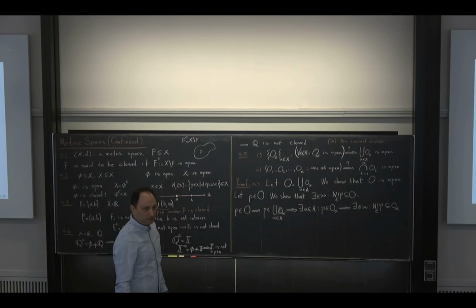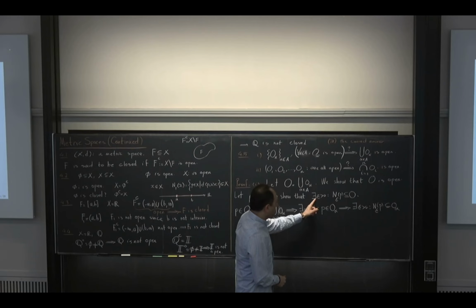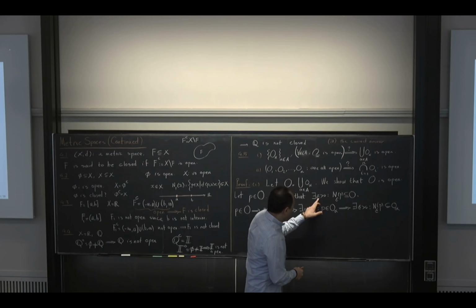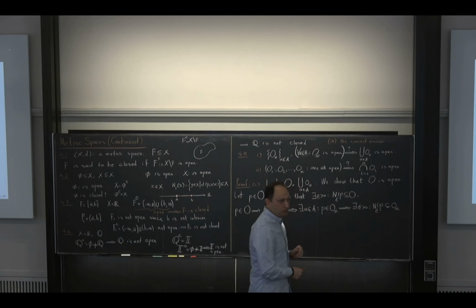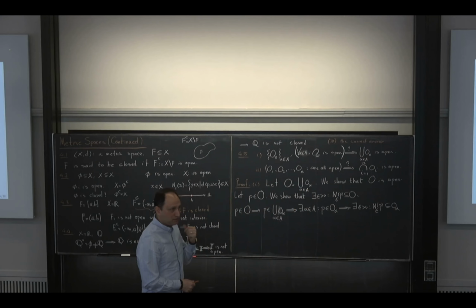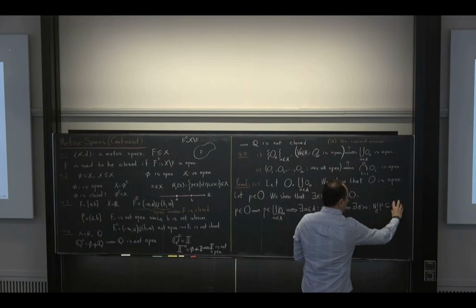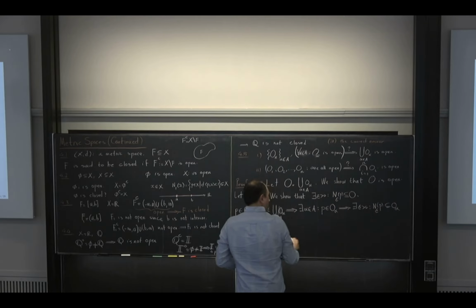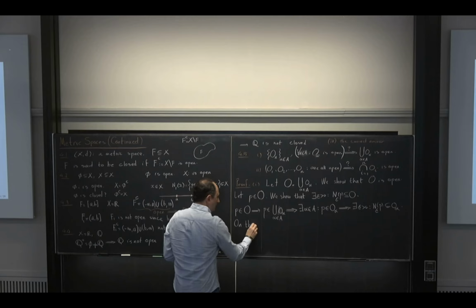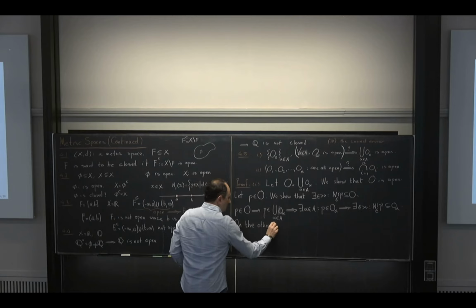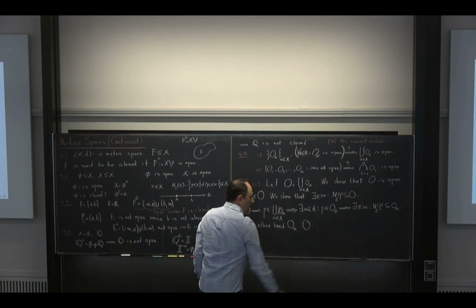But do you see we are done? Why? I was trying to find an epsilon. I am claiming that the epsilon that I was looking for is the same epsilon that allows me to write this for this open set. Do you see why this is the case? Because O alpha itself, so let me write it like this. On the other hand, O alpha and O, what should I write here?